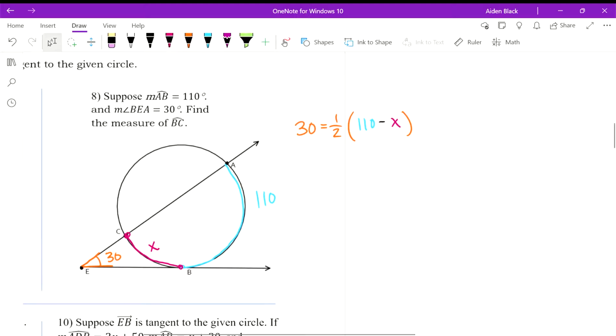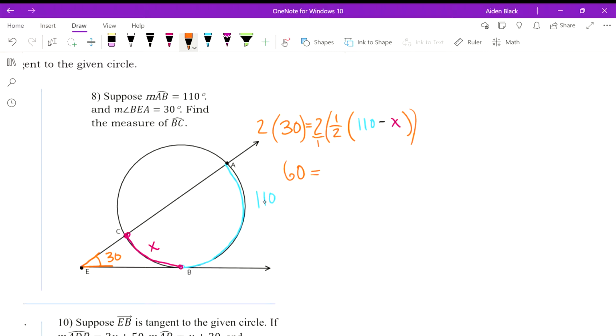Now to solve this, it's easiest to just multiply both sides by 2. If you multiply all of this by 2, it cancels the 1/2. If you multiply this by 2, you get 60. Notice 2 over 1 times 1 over 2 just equals 1 over 1.